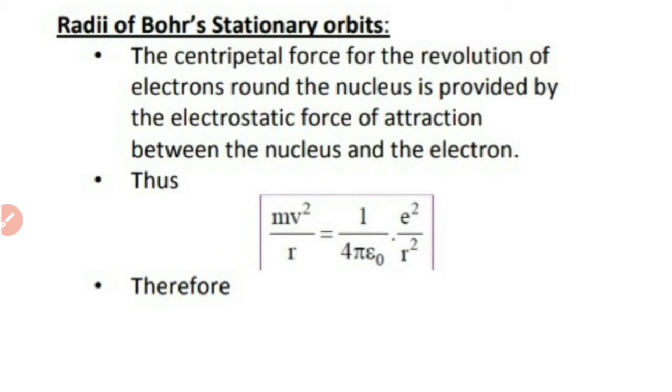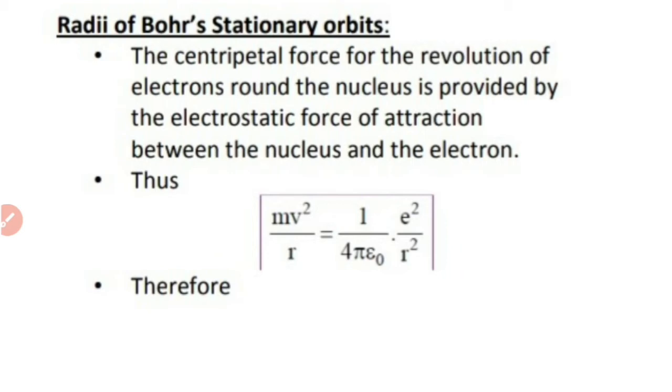So if we consider the most fundamental atom, the hydrogen atom, we can write mv squared by r, that is the centripetal force required, equal to 1 by 4 pi epsilon 0 times e squared by r squared.